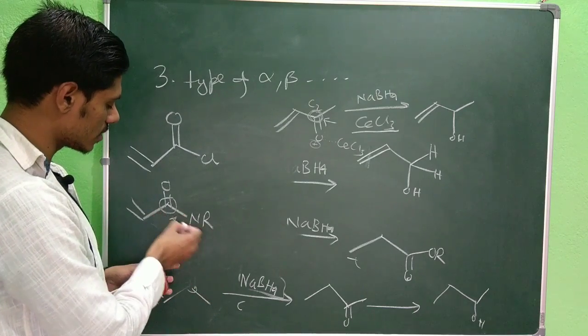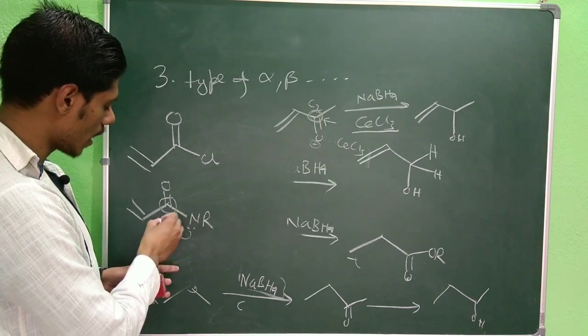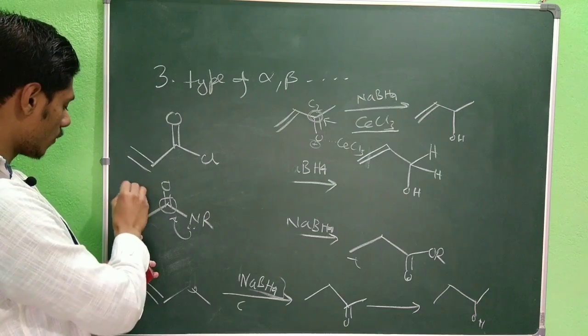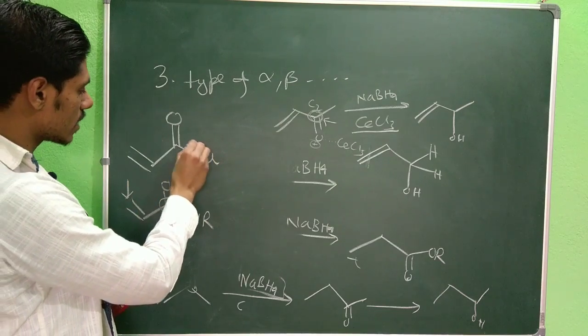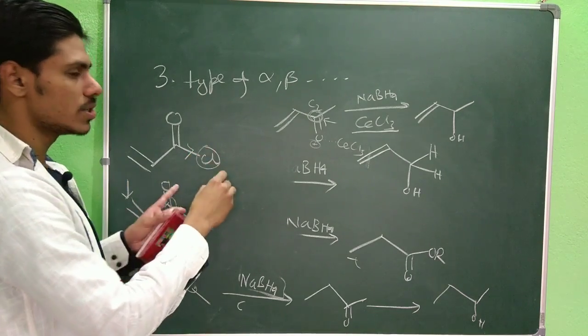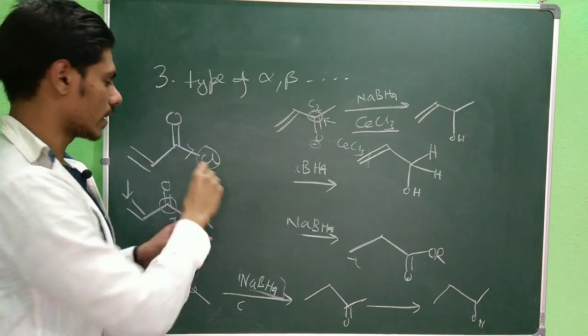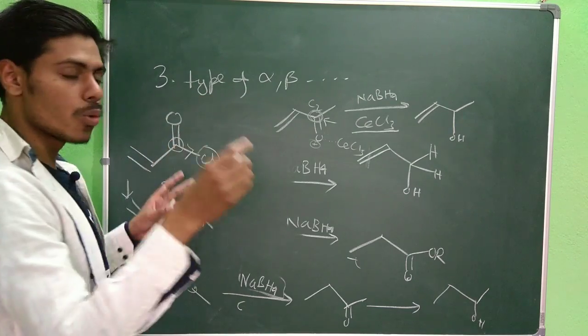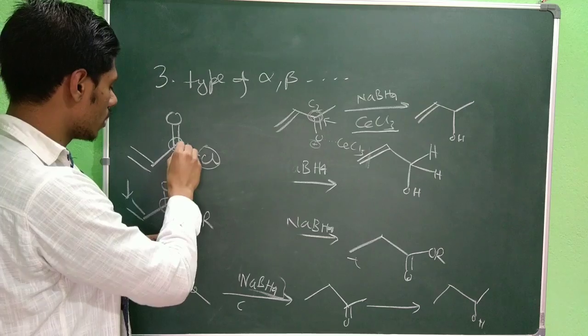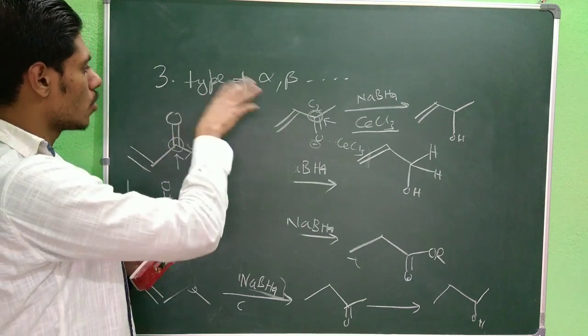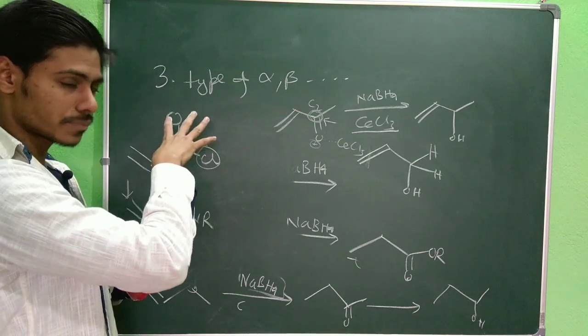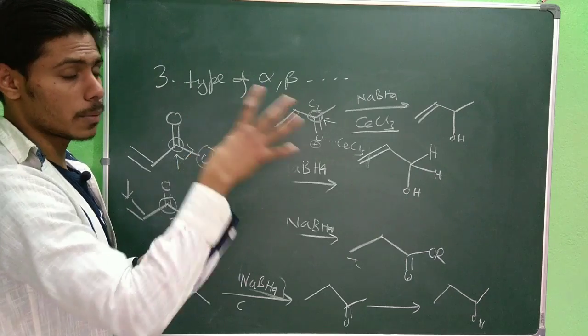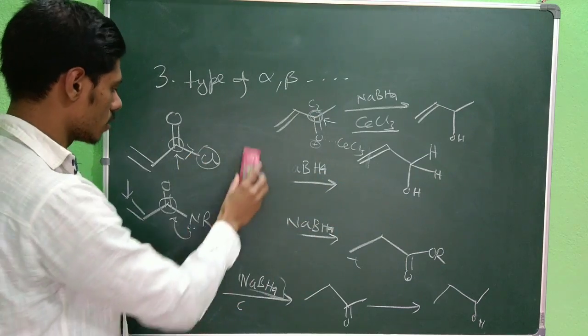Its electron deficiency is reduced by this plus R effect, so it will prefer to undergo 1,4 addition, whereas in this case, due to the presence of this chlorine, which shows a minus I effect, this center becomes more electron deficient, and that's why it will undergo the 1,2 addition. So the type of the electrophile, or the type of the alpha beta unsaturated carbonyl compound, is also important.